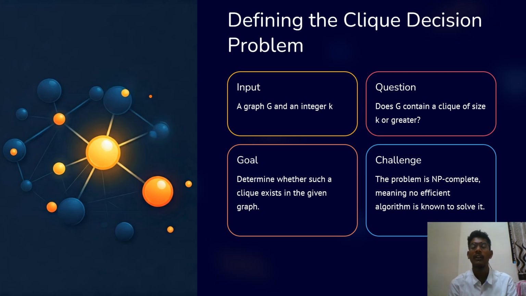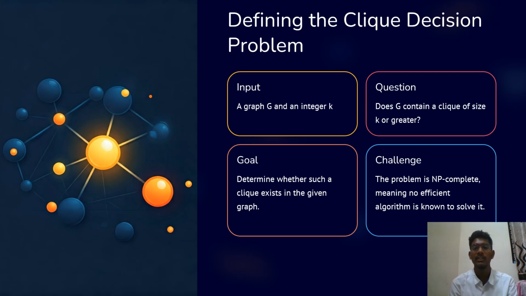If the graph has a four-connected or five-connected subgraph, we compare the clique size with K. If it is not smaller, then G contains a clique of size K. Now the challenge is that the problem is NP-complete, meaning no efficient algorithm is known to solve it.